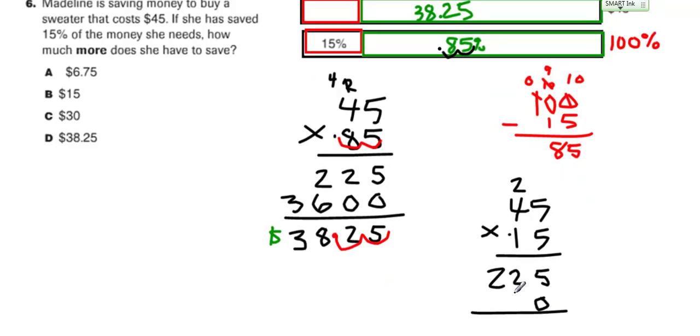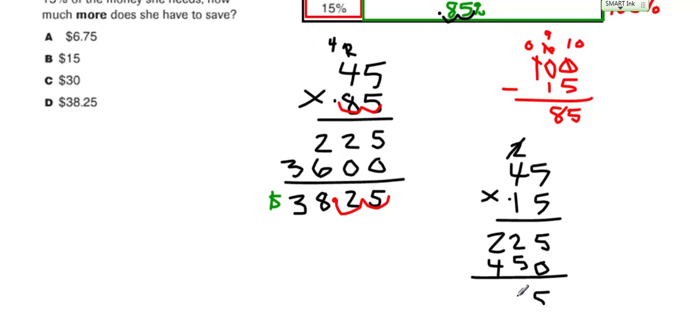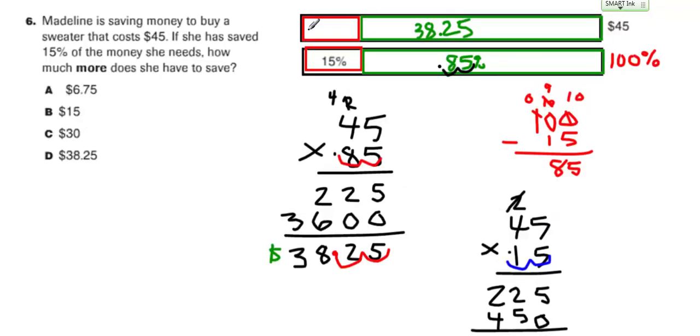Here we get the 5. And here we get the 4. And if we add them up, we get this. And then we have to remember to go over 1, 2. So the amount here would have been $6.75. If we subtracted this amount from this amount, that's another way to get the answer.